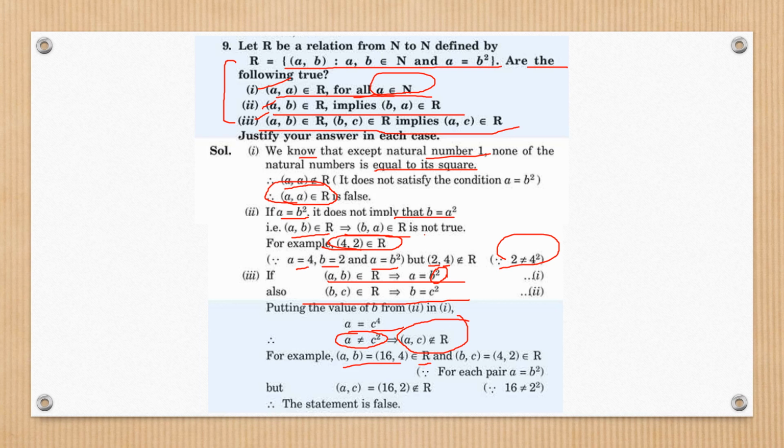Similarly, 4 is equal to 2². But link up the connection between a and c, that is 16 and 2. Here you find that 16 is not equal to 2². That means this statement is false. This is not obeying the condition.